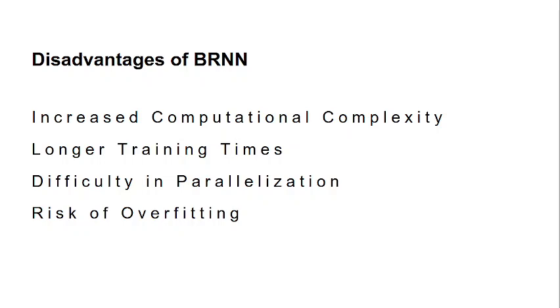So what are the disadvantages? Well, bidirectional means that at a time it runs both forward and backward. So definitely the computational time is higher compared to the others, with longer training time, difficulty in parallelization, and risk of overfitting. What does overfitting mean?